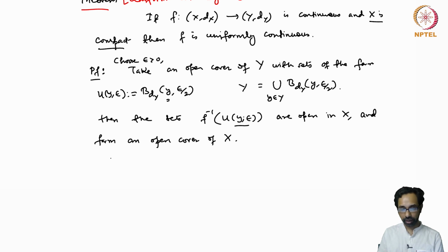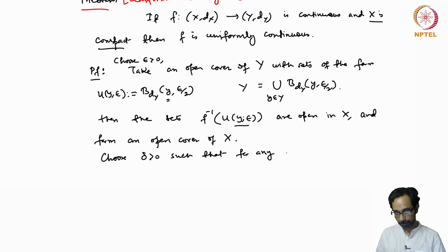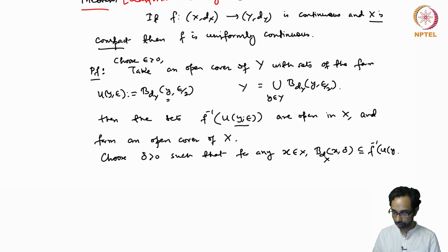And now we can use the Lebesgue number lemma. Now choose delta such that for any x in X, the metric ball in X with radius delta and center x lies inside the preimage of some U(y, epsilon).